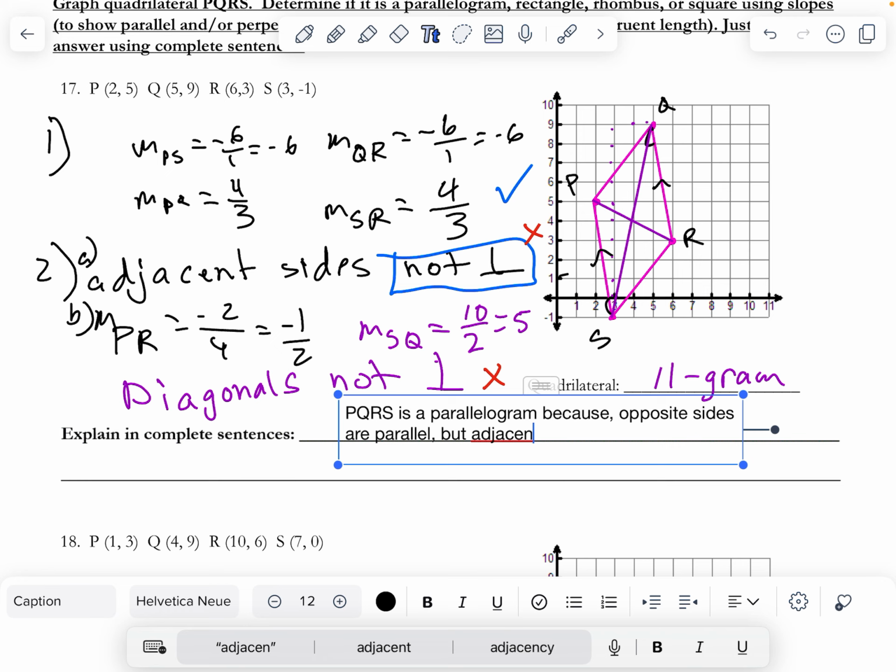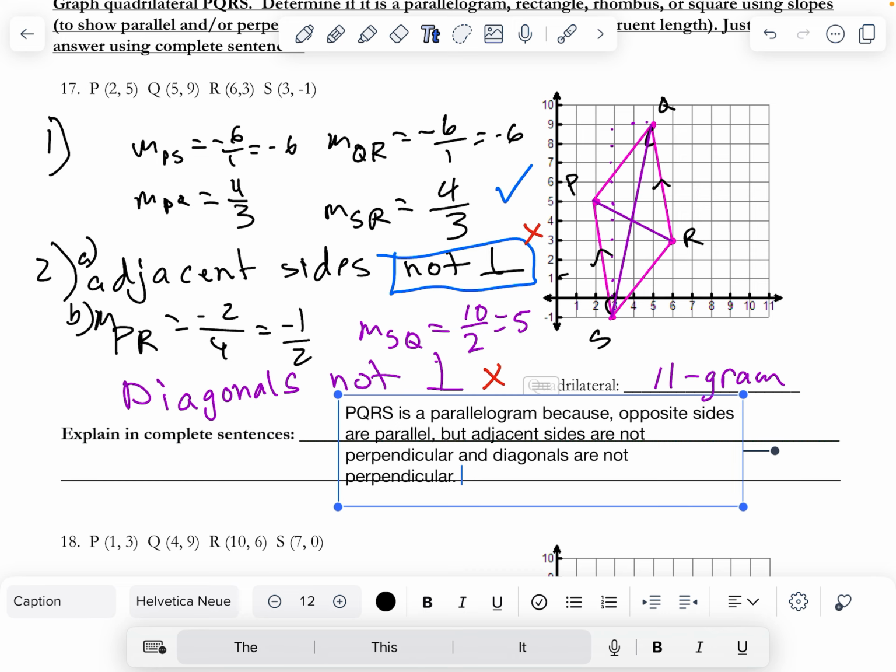I thought I did, but I might have spelled adjacent wrong. Adjacent sides are not, oh, I guess I did write it correctly, are not perpendicular, and diagonals are not perpendicular.